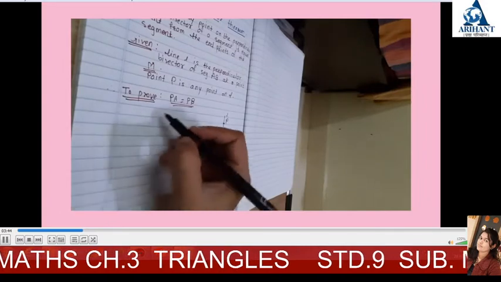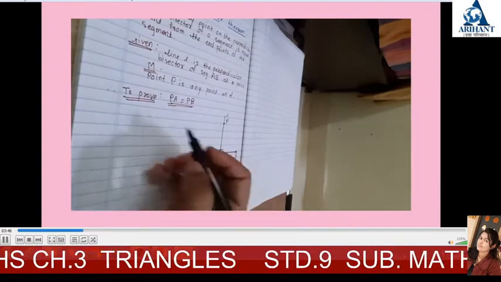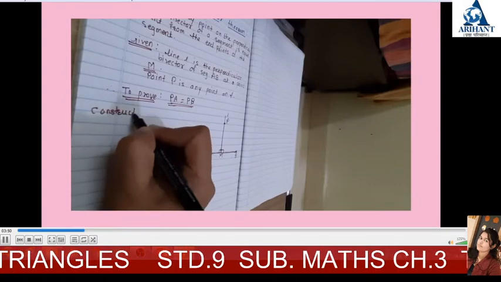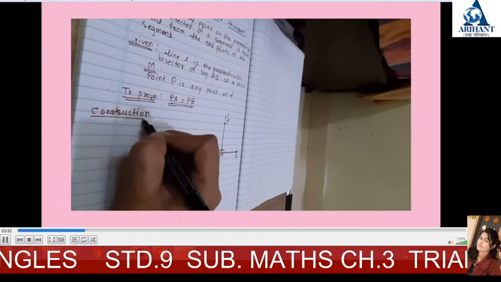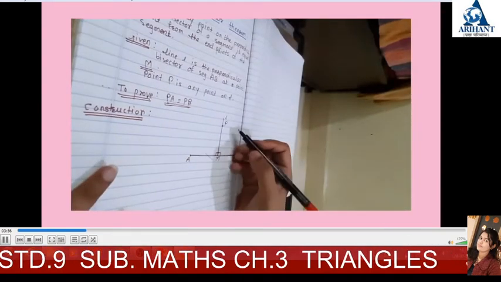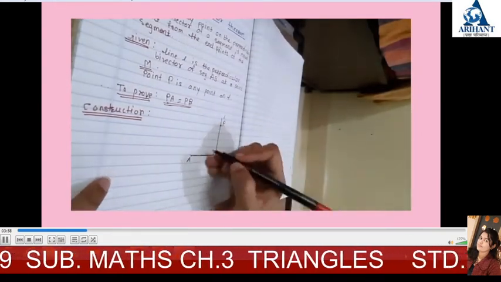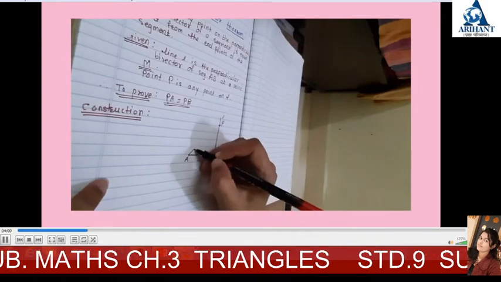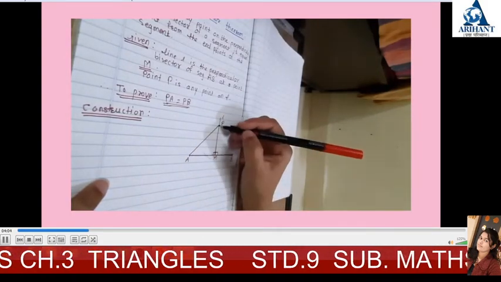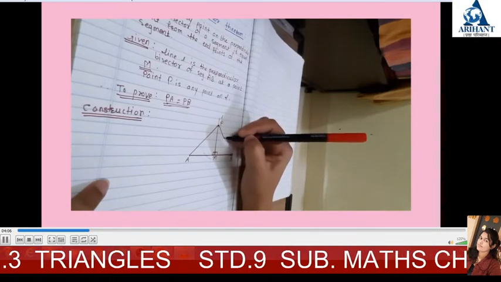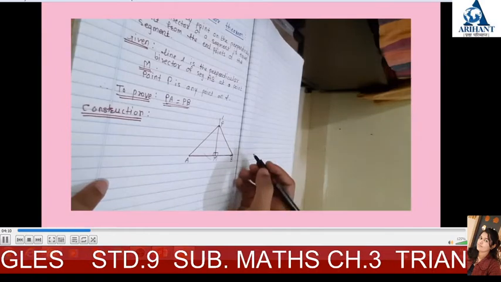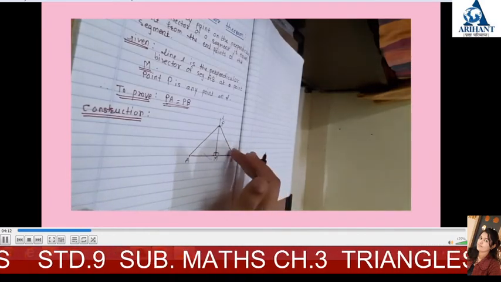Let's prove it. For that we need one construction. Construction means we have to draw the segment AP and segment PB. Yes, this is our construction.